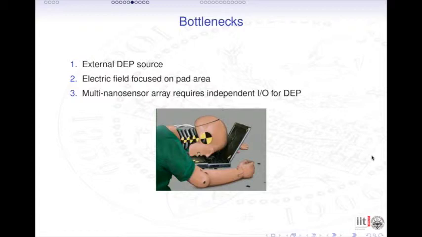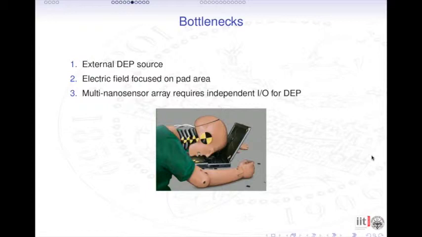This is due to an external application of the DEP signal through the pads, so a large part of the electrical field is concentrated on the pad area, because pads are larger than the microelectrodes placed on the top of the chip.